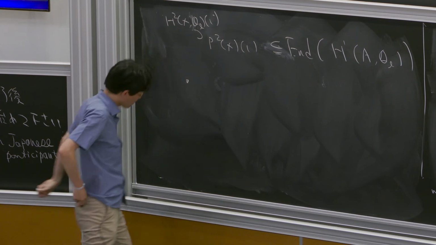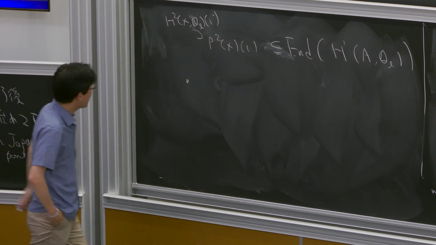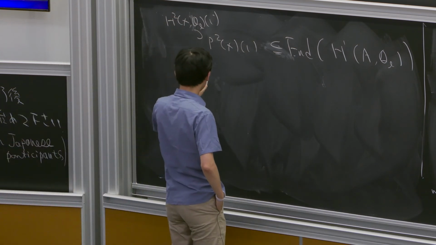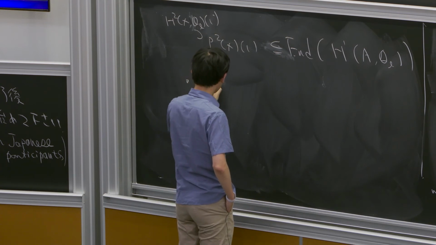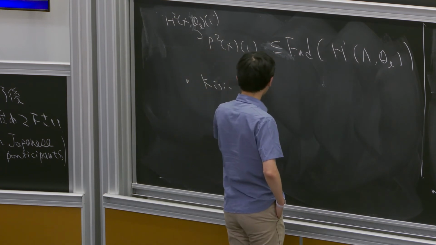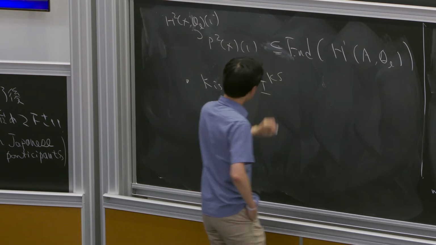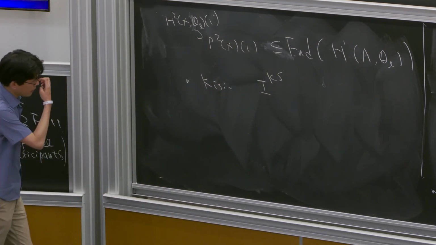And the key result is a result of Kisin. So Kisin constructed a certain algebraic group. Let me denote it by I_KS here.